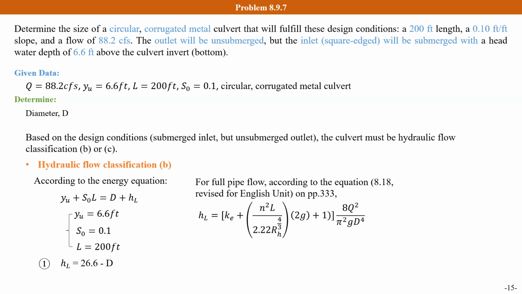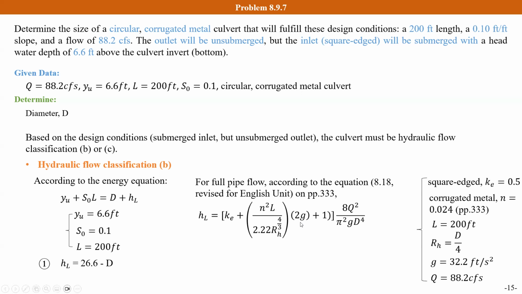Because in this situation the culvert is in category B, for the full pipe flow, according to equation 8.18, we can calculate the head loss by applying this equation. Because it is a square-edged entrance, the coefficient equals 0.5, and it is corrugated metal, so n is close to 0.024.